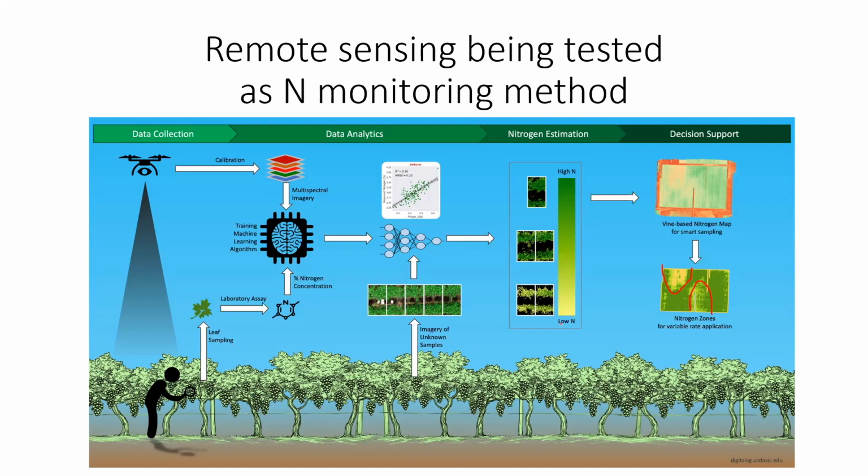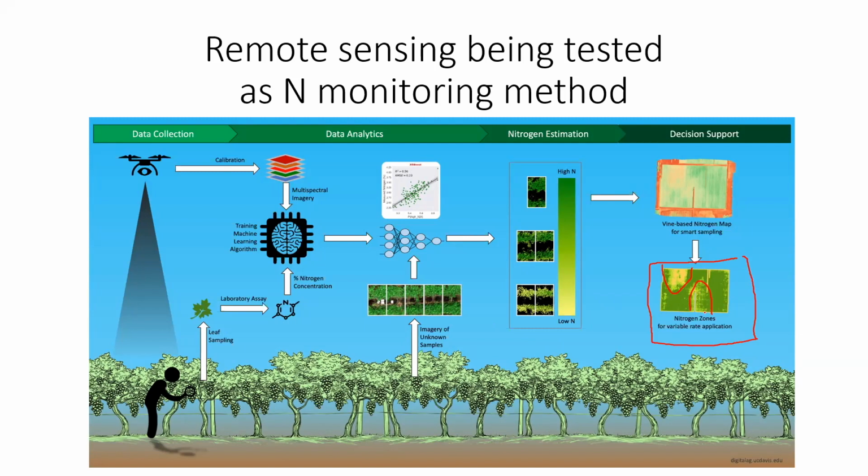So here is an example of a vineyard that we are working in. We ground truth these data for many of these vines, and then a map was developed based on the algorithm, comparing the multispectral imaging data from the drone versus the ground truth N content, and he developed this map of the vineyard.